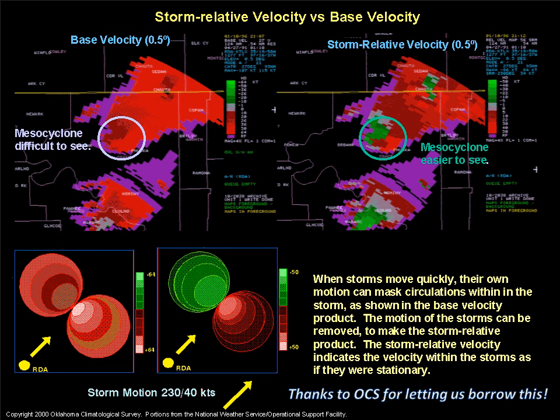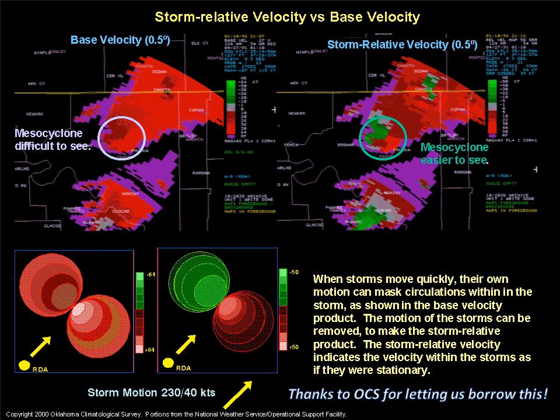It may take some imagining here, but that means there is some sort of circulation within the storm. In this case, it's a cyclonic or counterclockwise circulation. But because we are looking at ground relative winds as this storm appears to be moving quite fast, the circulation is somewhat masked. Now, compare this image to the storm relative velocity image in the upper right corner of the image.